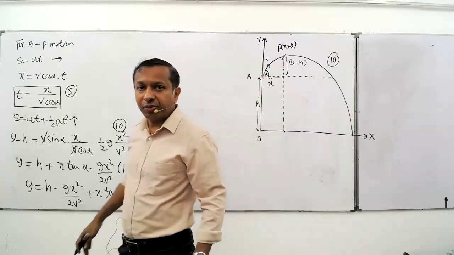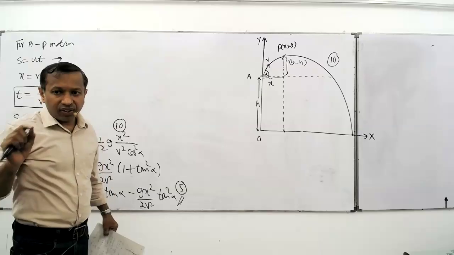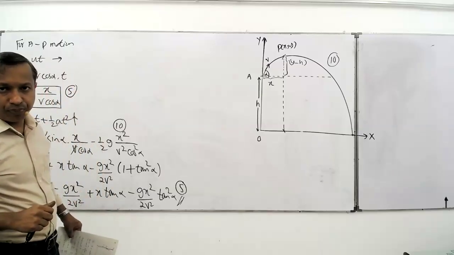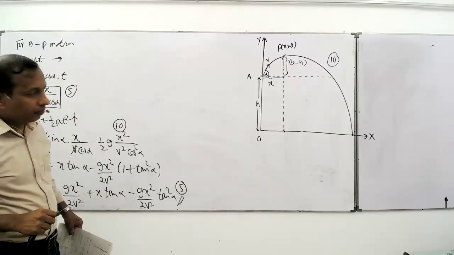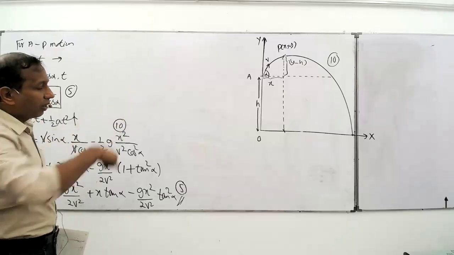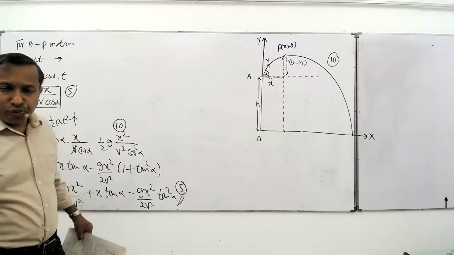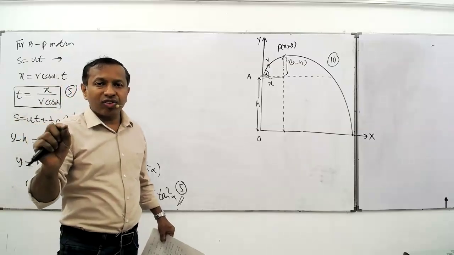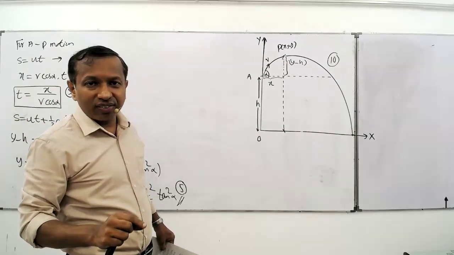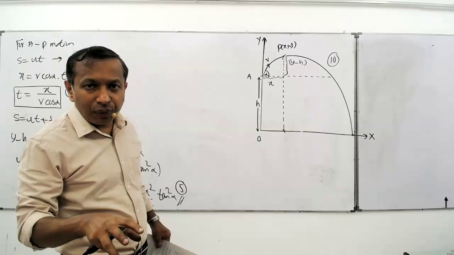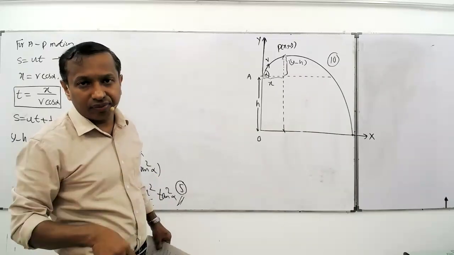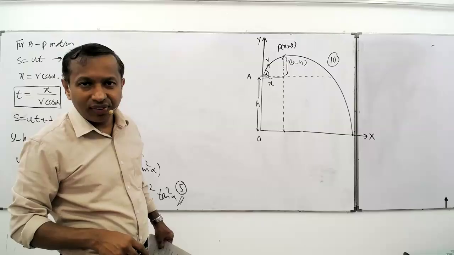Fine. Listen, people. It asks you to take x and y axis. Then you have to draw the path, find the equation of the path. You have to select the point on the path. Then something you have to add at the very beginning before writing the equations.